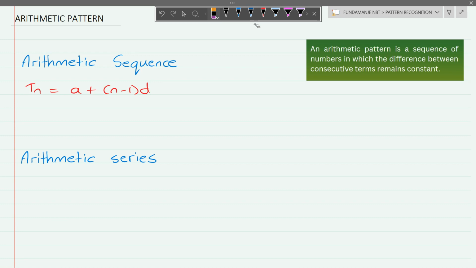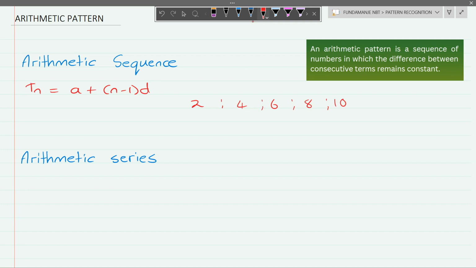So both express a linear type of growth, meaning if we were to take an example of an arithmetic pattern, a very basic one would be 2, 4, 6, 8, 10.